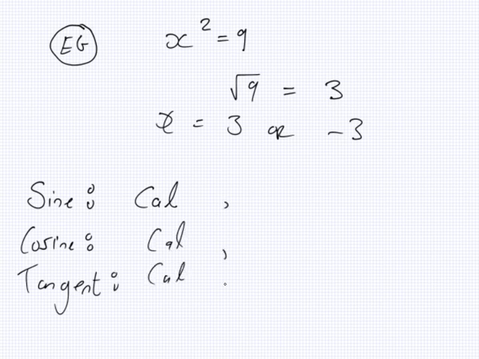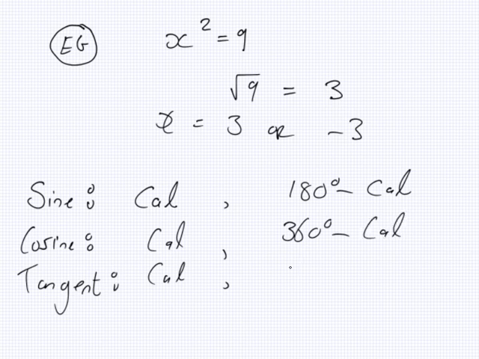The second answer, if it's sine, is 180 minus the first answer. For cos, it's 360 minus the first answer. And for tan, it's 180 plus the first answer. This is how you can solve and get the second answer for sine, cos and tan.